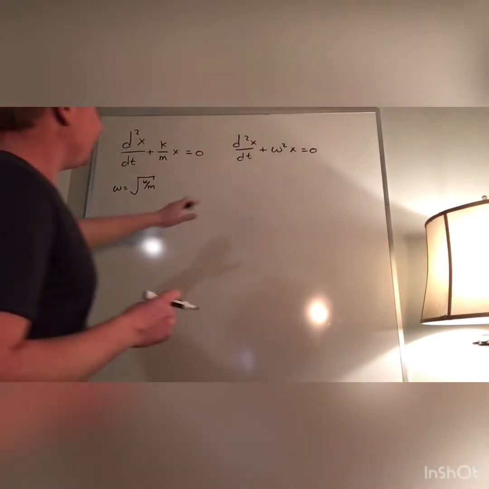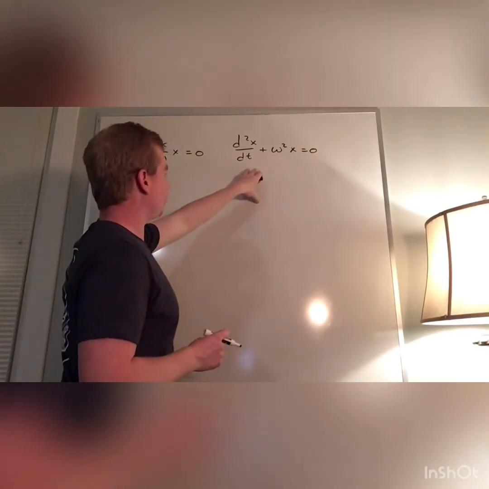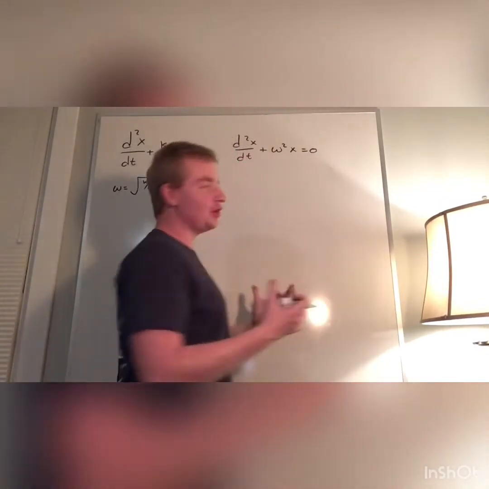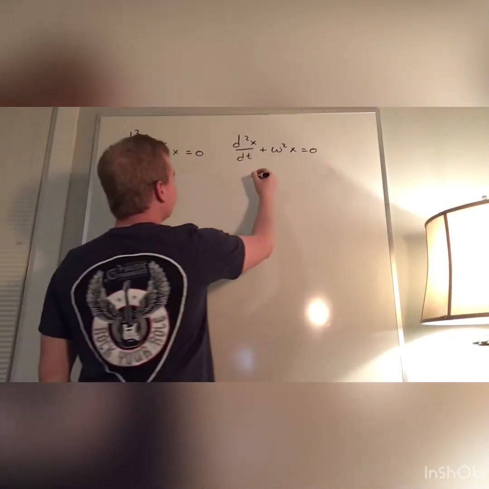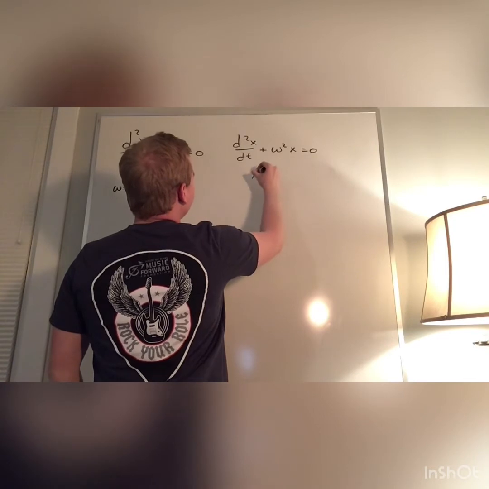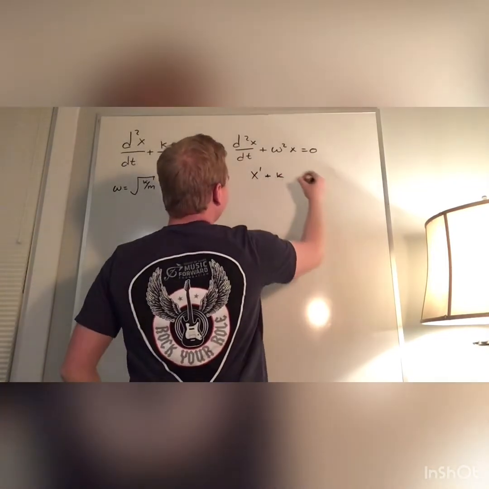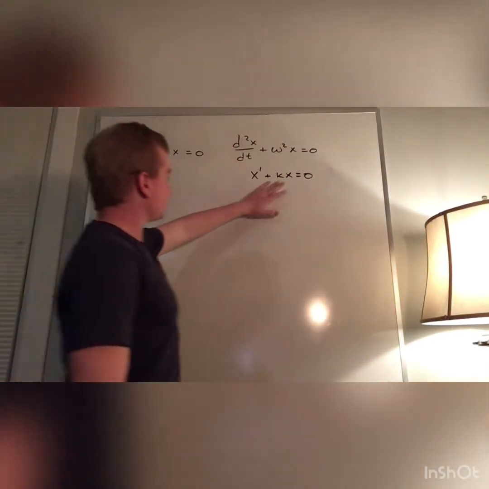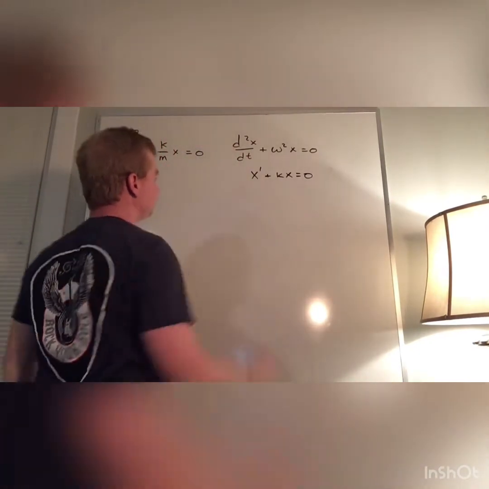So what I want to do to show what this means is look at the first order example of this differential equation to show what solution we're going for. So let's look at this scenario where we have x primed plus some constant times x equal to 0. This is just the first order example of this, where k is a constant.